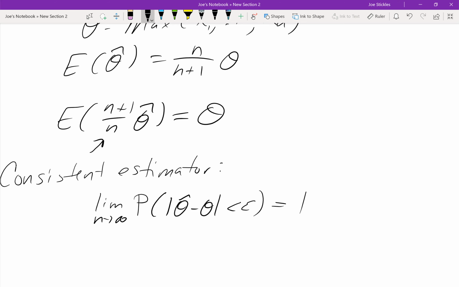But we had a nice criterion that said if it satisfied a certain property, then we knew it was going to be consistent, and that had to do with the variance.